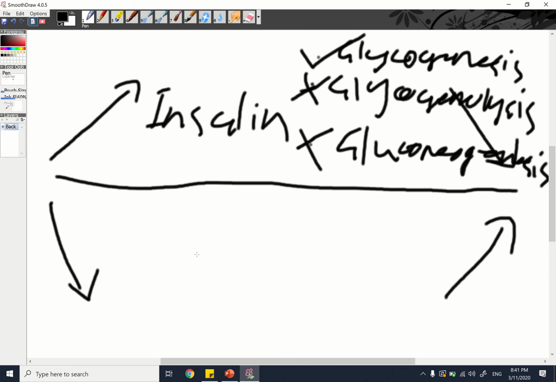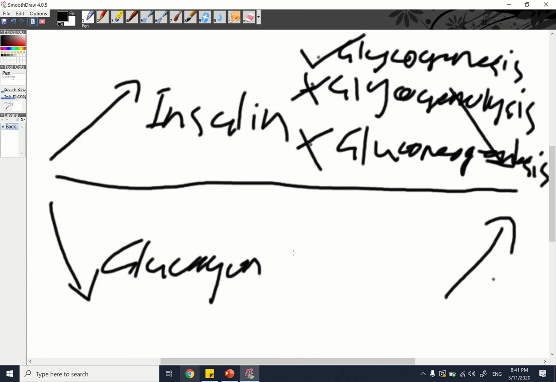Now, these are the three actions that insulin does. On the other hand, you have glucagon. This is the hormone that your body releases when you don't have enough sugar, right? When your body needs sugar, it releases glucagon.